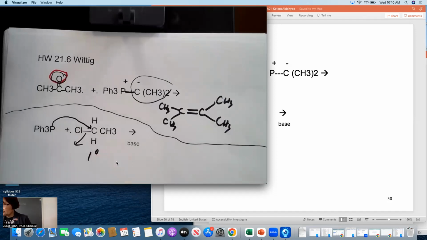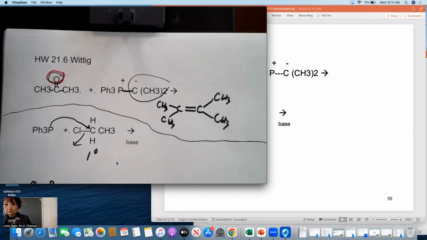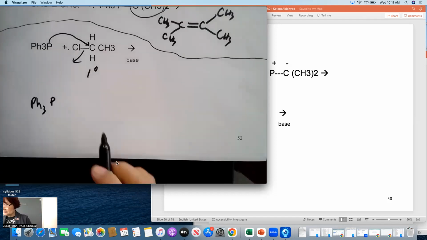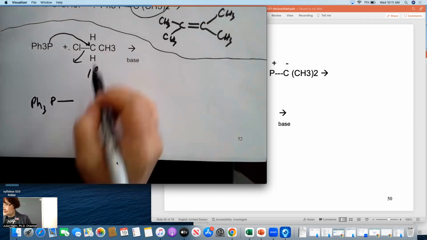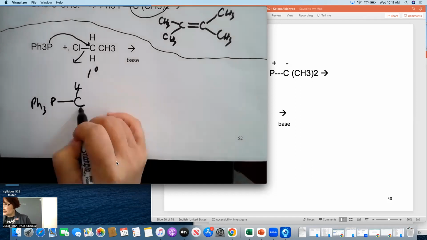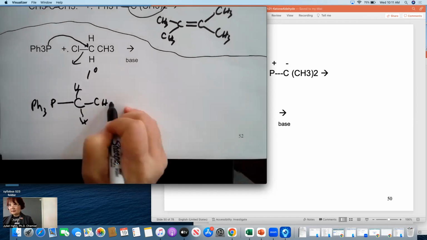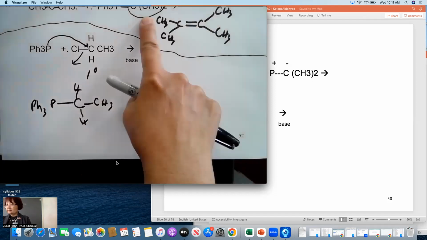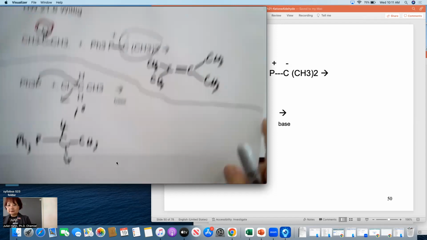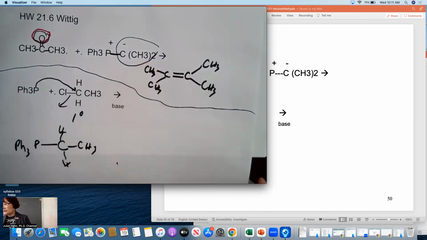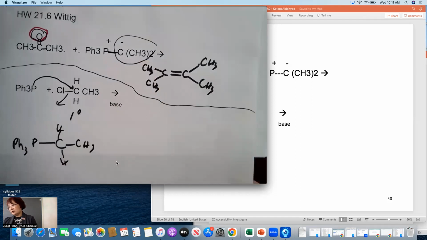So then you're going to get your triphenylphosphine attached to that carbon, with that hydrogen here, and that methyl group hanging off of here. Now you realize this Wittig reagent actually had 2 R groups, and I could have 2 R groups too. It's just not as favorable a reaction to generate the Wittig reagent.